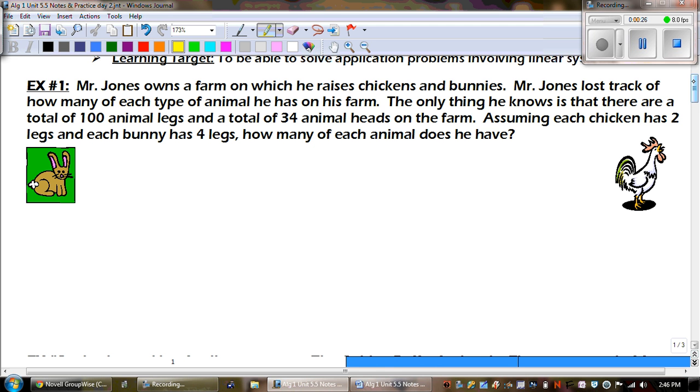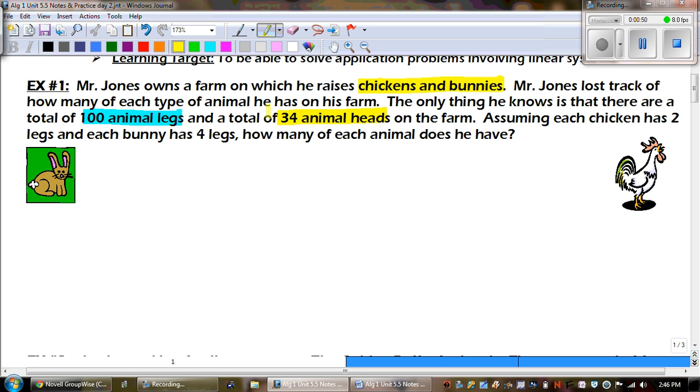Okay? So, Mr. Jones owns a farm where he raises chickens and bunnies. Those are the two things that he's raising. Mr. Jones lost track of how many of each type of animal he has on his farm. The only thing he knows is that there are a total of 100 animal legs and a total of 34 animal heads.